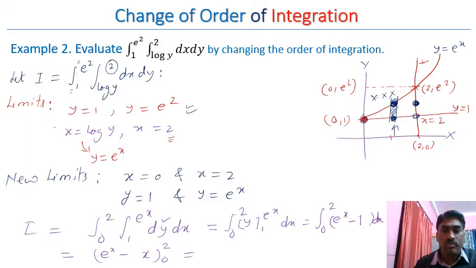Now you put the limits. So you have e to the power 2 minus 1 for e to the power x, minus 2 minus 0 for x. So finally we obtained e square minus 3. This is our answer. The answer is not my focus. My focus is how you change the order of integration.